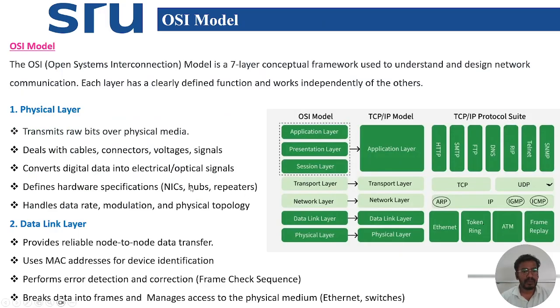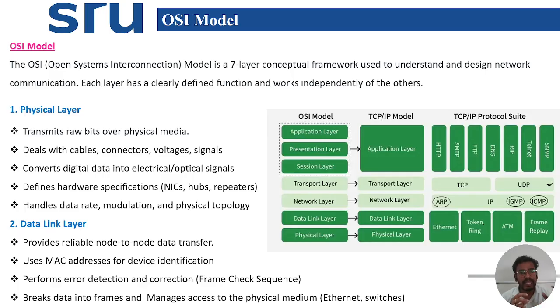Coming to the open system interconnection, the OSI model is a seven-layer conceptual framework used to understand and design network communications. Each layer has a clearly defined function and works independently of the others. We will discuss, layer by layer, the functional role of each layer. At first, the physical layer transmits raw bits over the physical media.